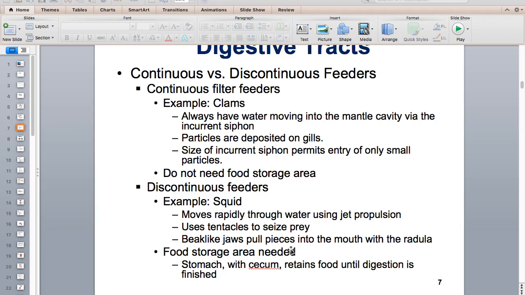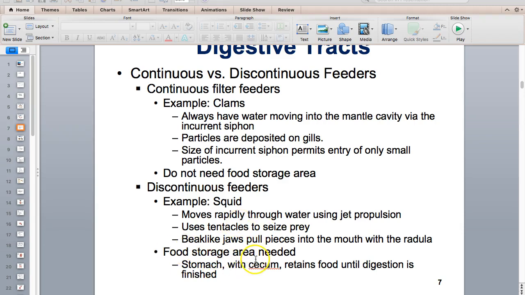They're these filter feeders. In contrast to that, squid, right? We talked about these guys before, that they have this sort of beak-like jaws where they can actually tear and rip their prey. And the squid is able to move pretty quickly to actually grab its prey. So it's saying there that it can move quickly and also will use its tentacles to seize prey, and then it will pull pieces apart and basically put it into its mouth, okay?